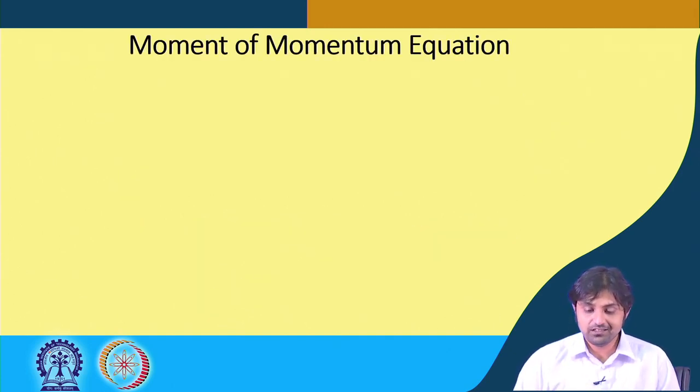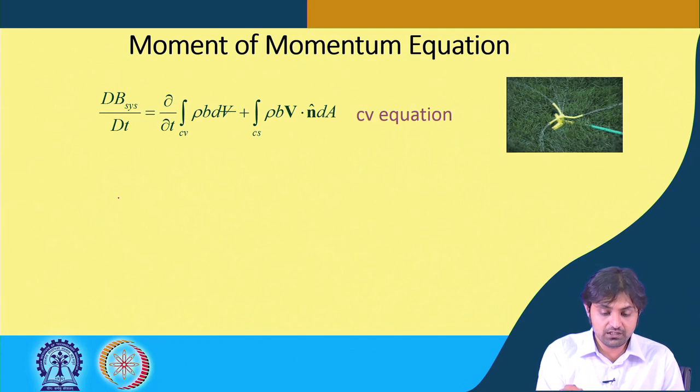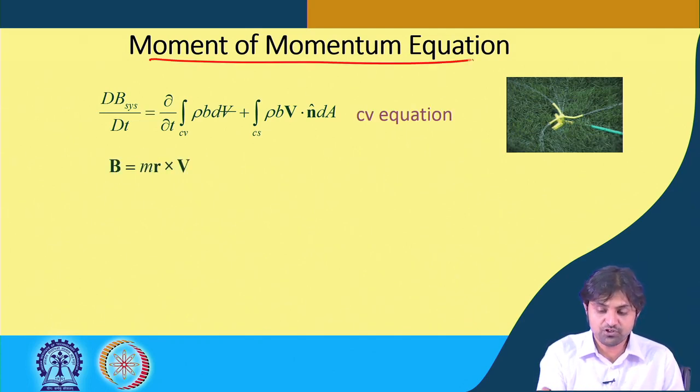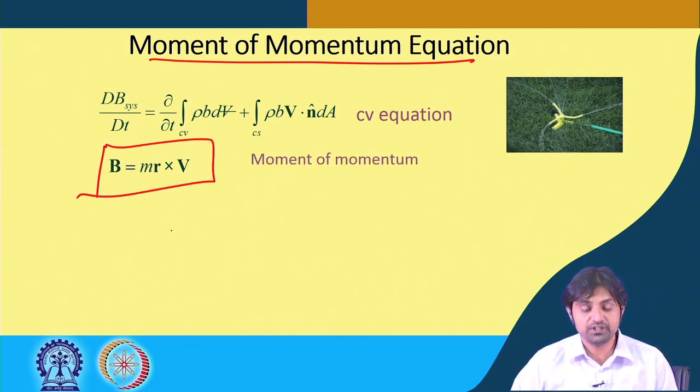Now similarly there is something called the moment of momentum equation. We are not going into detail, but just to show that here the capital B, for deriving the moment of momentum equation, we can assume m r into v, moment of momentum.